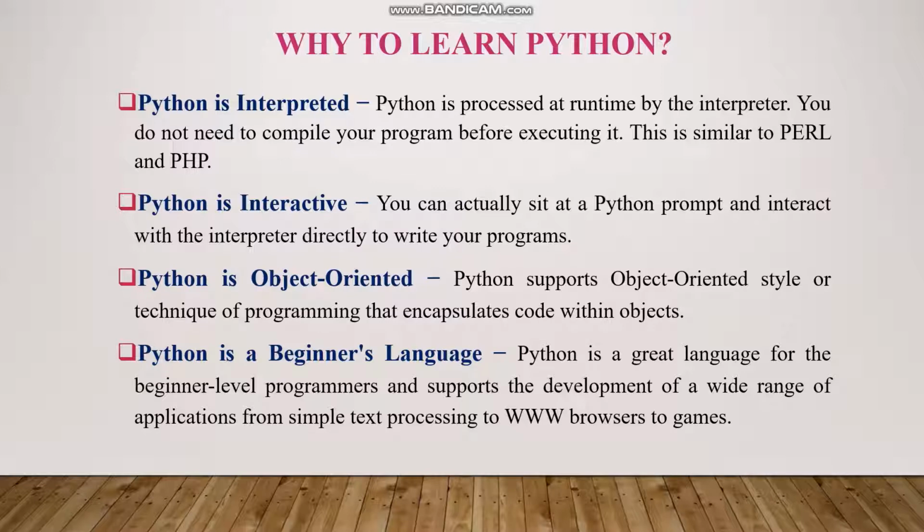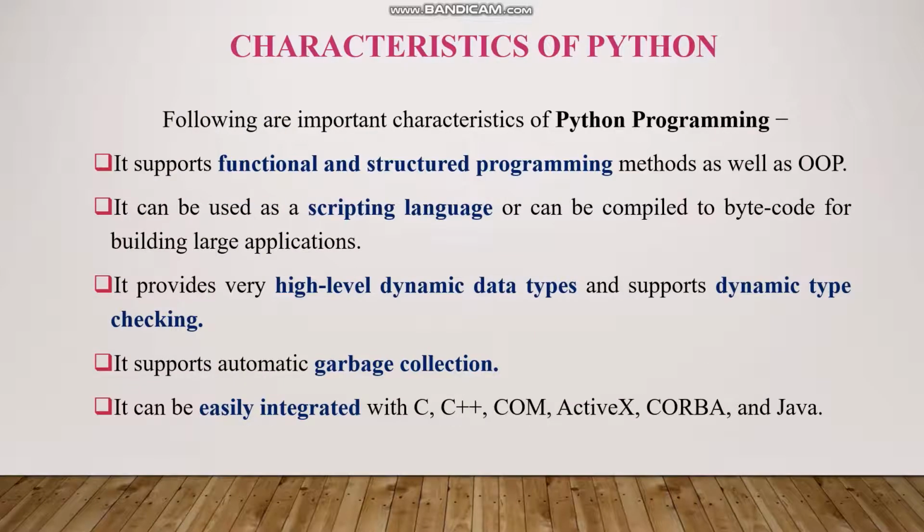Python is a beginner's language. Python is a great language for beginner level programmers and supports the development of a wide range of applications from simple text processing to WWW browsers to games. Characteristics of Python. Following are important characteristics of Python programming.